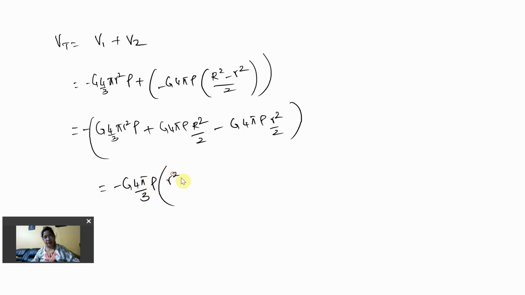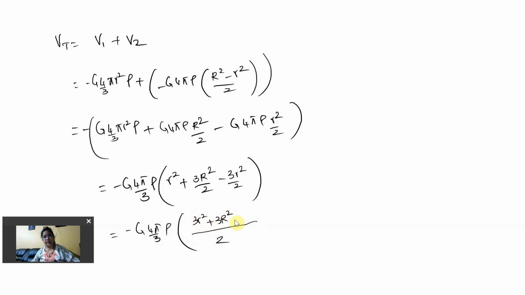So I have r square here, and I do not have a 3 in the denominator, but I have taken 4 pi by 3 outside, so I'll have to multiply by 3. So you will have 3 R square by 2, and similarly here 3 r square by 2. Taking LCM, it's 2 r square plus 3 R square minus 3 r square.